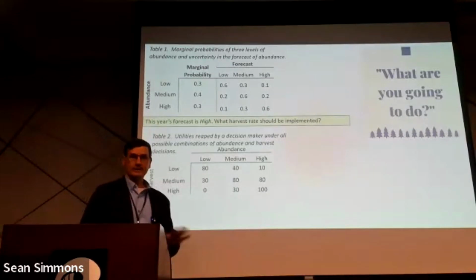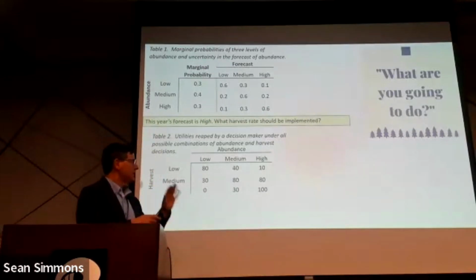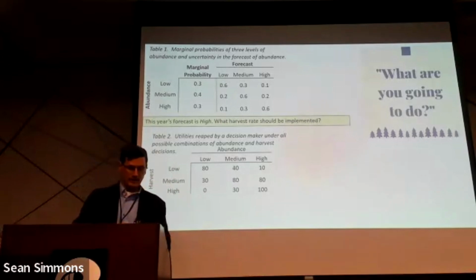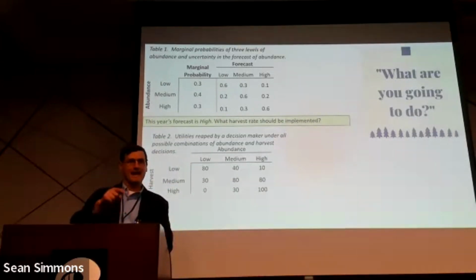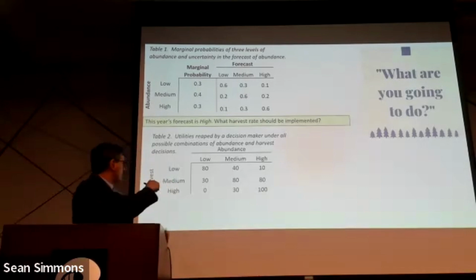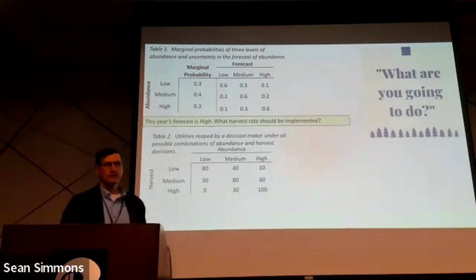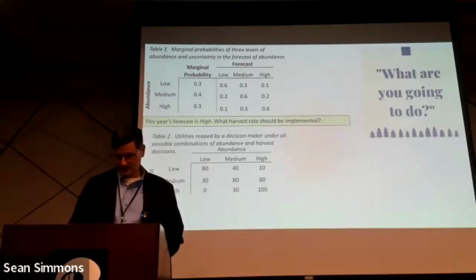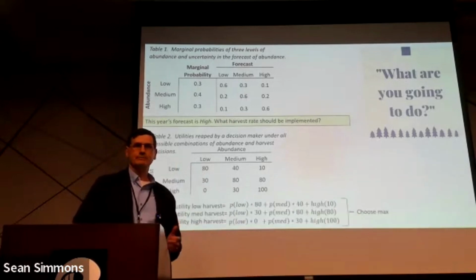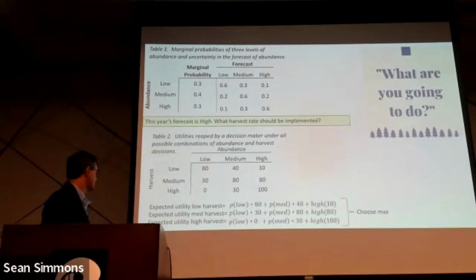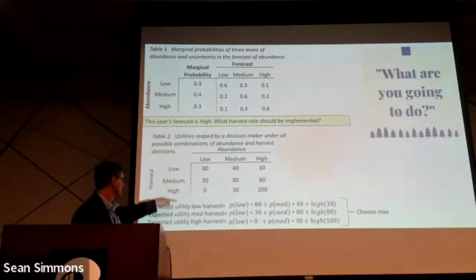Well, it's actually quite simple from here. I've already shown in the previous slide how we can compute the probability that the abundance is actually low, actually medium, or actually high. And now we know the values associated with doing different things under different conditions. So from here, it's a pretty simple piece of arithmetic. All we're going to do is look at the expected utility of implementing a low harvest versus a medium harvest versus a high harvest.